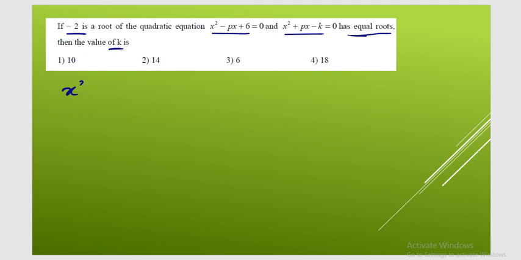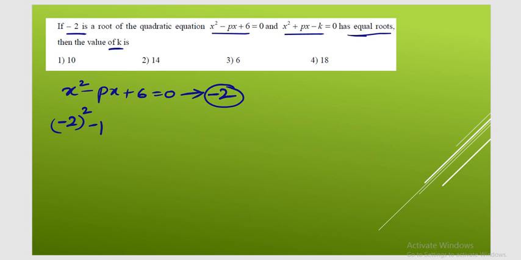So what is the first quadratic equation? x square minus px plus 6 is equal to 0. For this quadratic equation what he has given, minus 2 is a root. So when minus 2 is a root, that means it should satisfy the given quadratic equation. Satisfying means when I substitute in the place of the variable, it should be satisfying, right? That means in the place of x I need to replace minus 2.